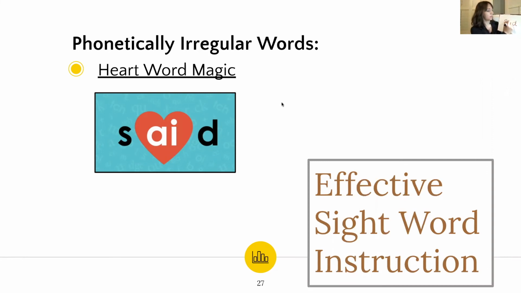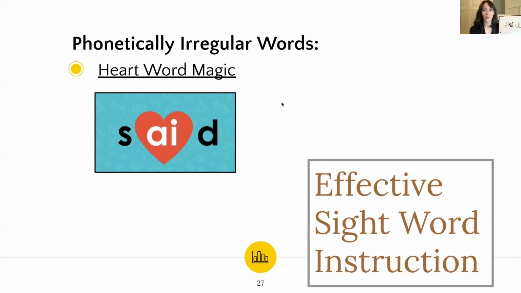So that would help them remember that the AI was the tricky sound in the word said. And they could kind of visually remember that different color would just stick out to them. It's multi-sensory.